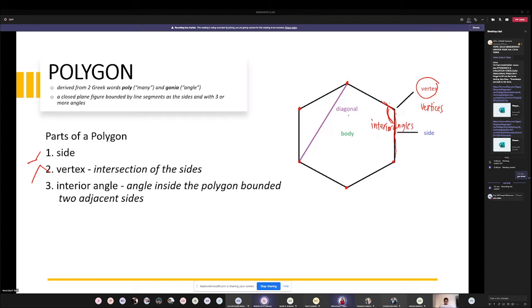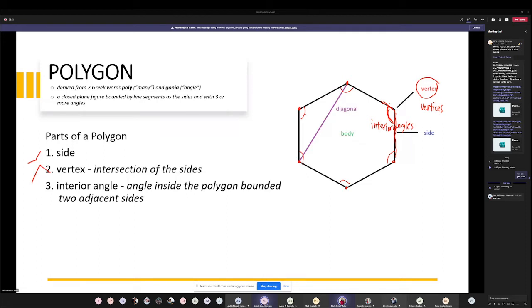That's just one. We have at least 3 interior angles. Another interior angle is this one, another one is this, and this, and this. So there are 6 interior angles for this 6-sided polygon.